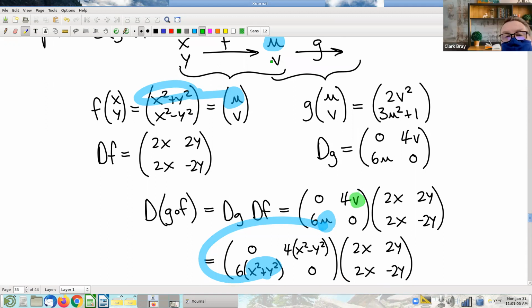Oh, well, v is the second output variable from f. And again, already labeled right there. v is x squared minus y squared. So I didn't have to remember to plug that in. That was unavoidably there because of the choice of notations that we set up.